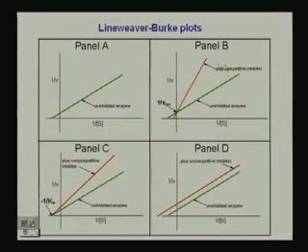We looked at then Lineweaver-Burk plots that plotted 1 by V versus 1 by S, giving us straight lines for the uninhibited enzyme, and for specific types of inhibitors we observed specific types of graphs.